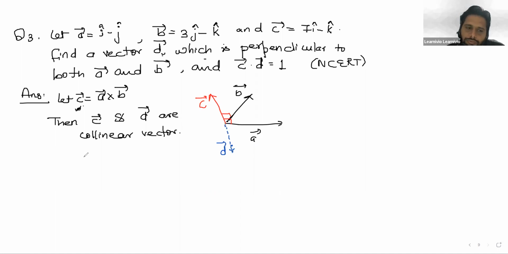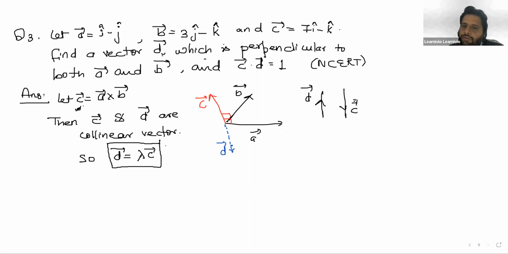Theta is 0 or pi, and we can say D is equal to lambda times C, or C is equal to lambda times D. Always remember, if two vectors are collinear, then one vector will be lambda times the other vector. This is the condition for collinearity.